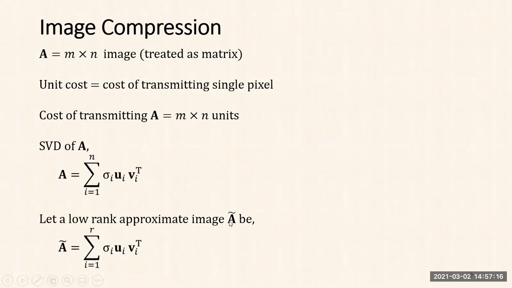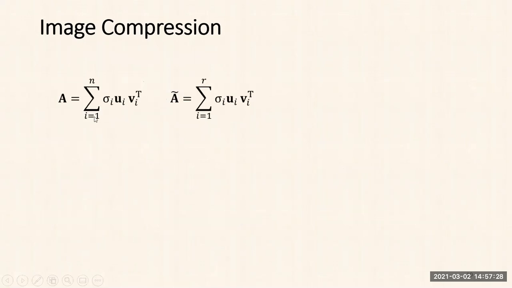So my claim is that this is a very good low rank approximation of A, right? And let's see how we put this new knowledge that we just got into use. So this is my image A. It contains n terms, and this is A tilde, which contains R terms.